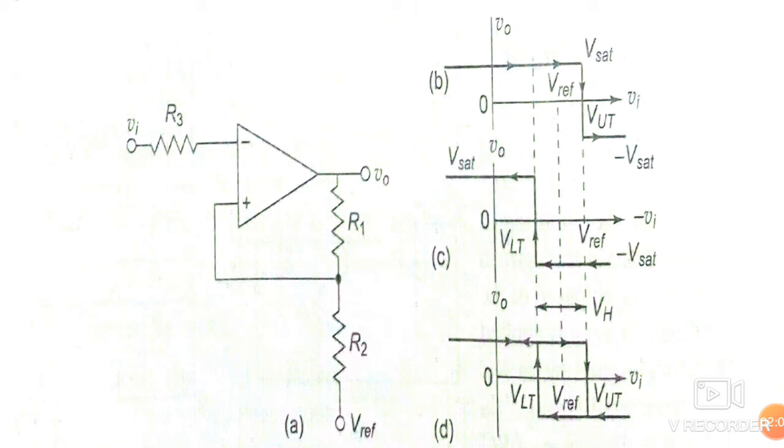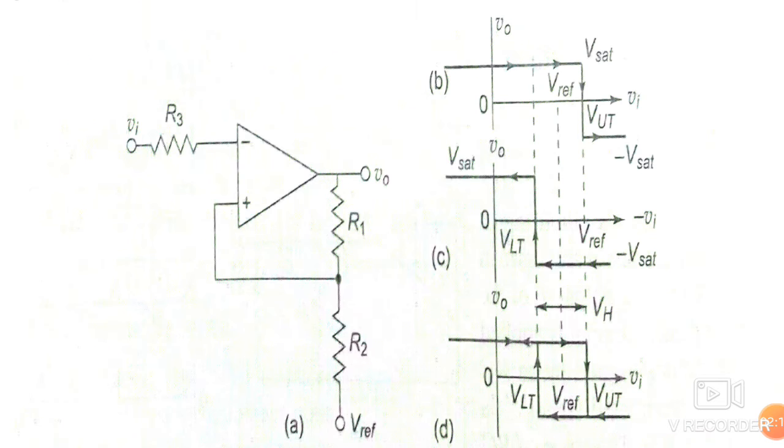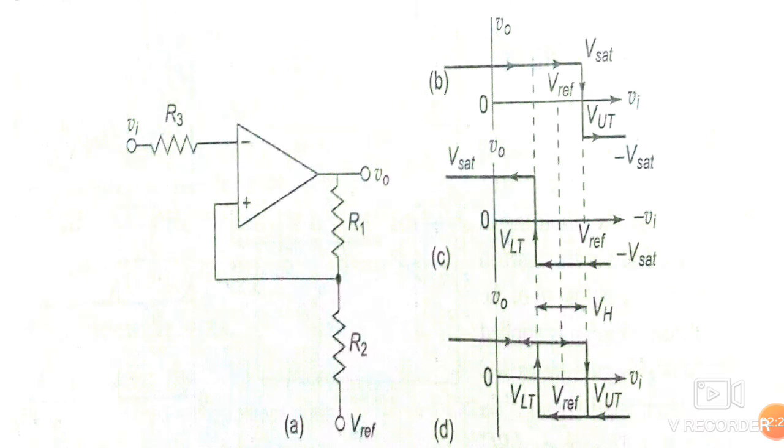So according to this theory, when this Vi is greater than this potential, output will change. Let's say in the starting, output is plus Vsat.